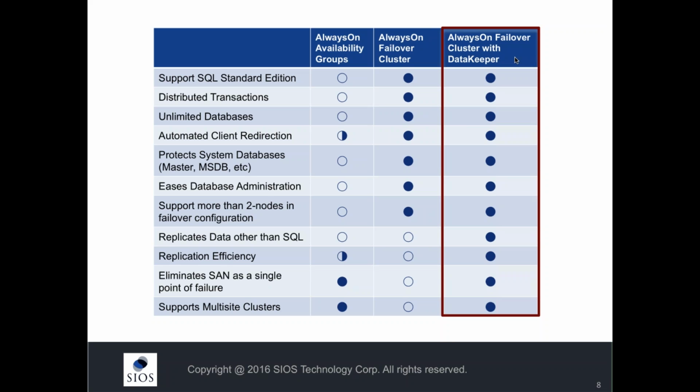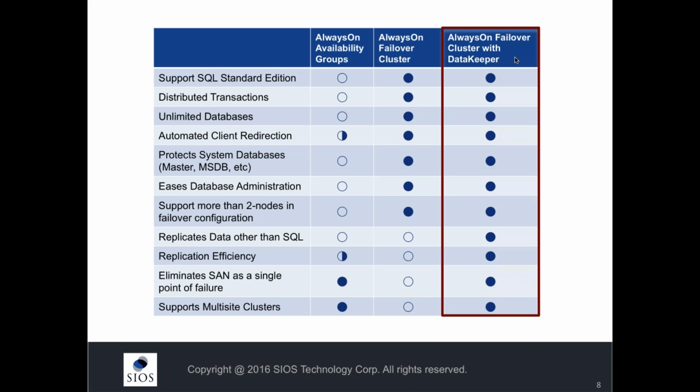So to get back to the slide here, also the third line, availability groups does have upper limits on the number of databases per availability group and the number of availability groups per SQL instance. You don't have those limitations with a failover cluster instance of SQL Server. You're just limited by whatever SQL Server itself limits you to.